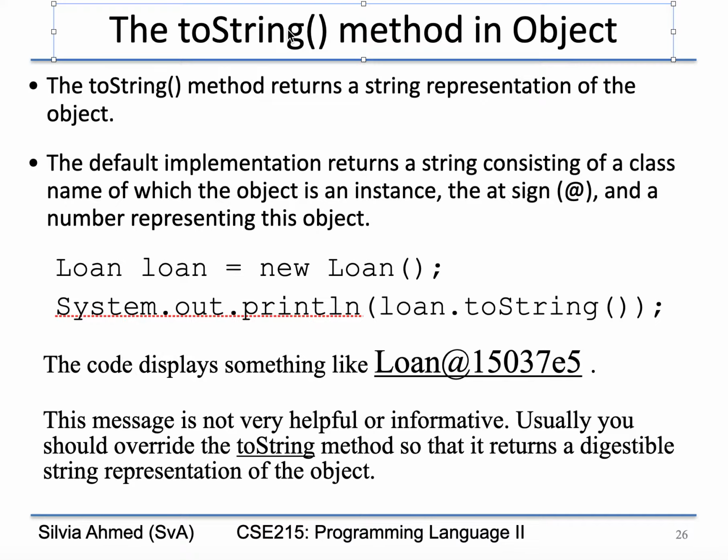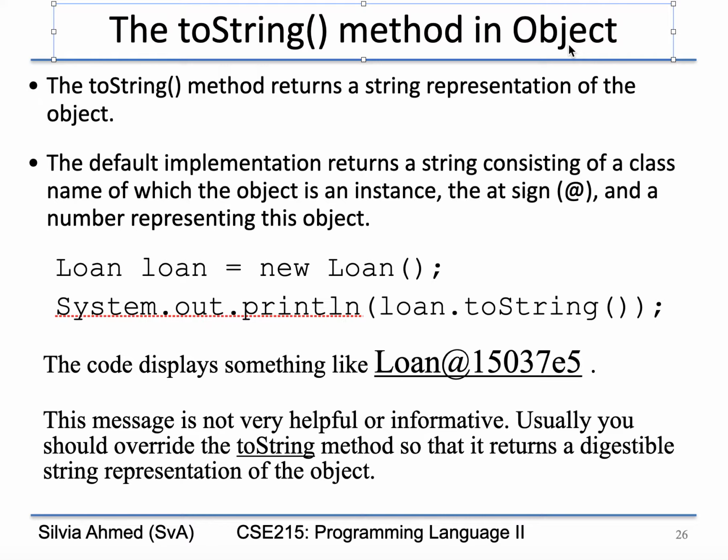So this type of behavior, that means having a method that will return a string containing all the status information of my data fields, is common for every class in Java. That's why the developers of the Java community have put this toString method in the object class.